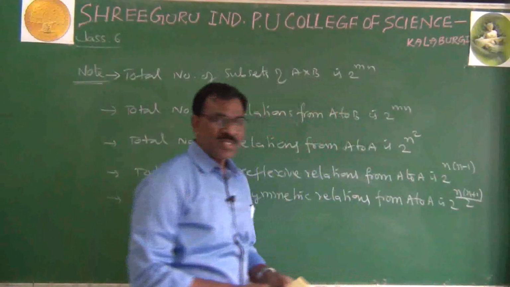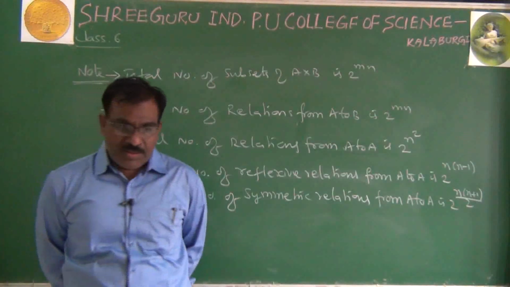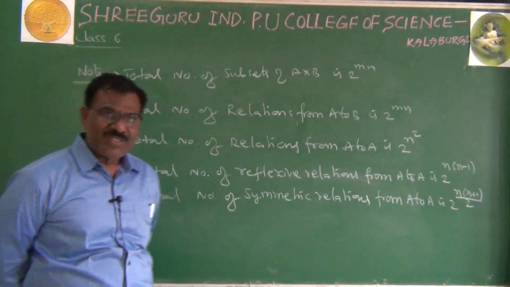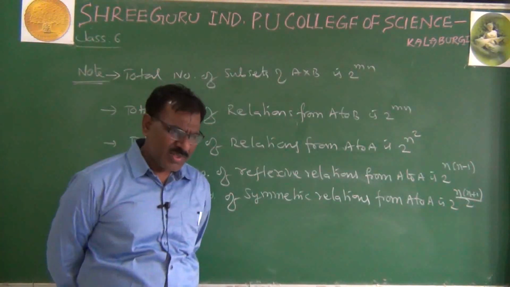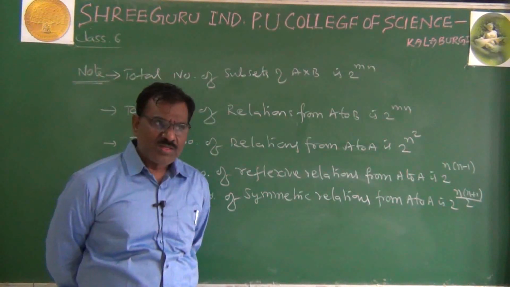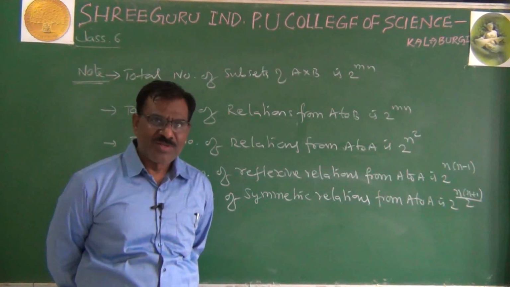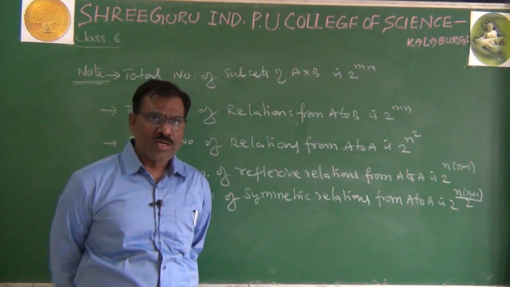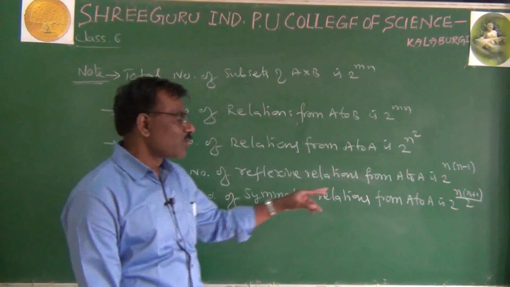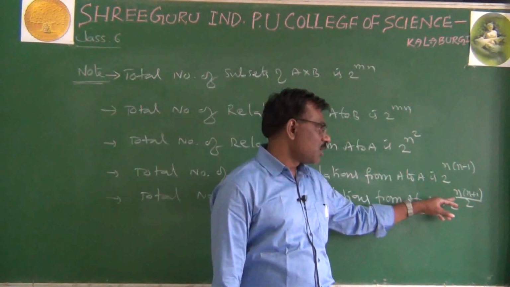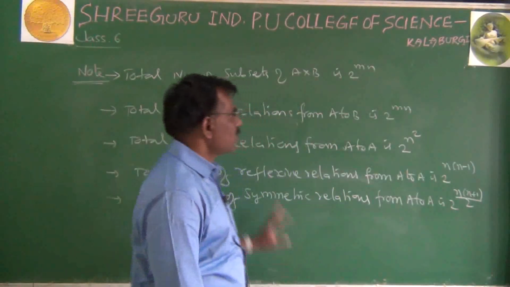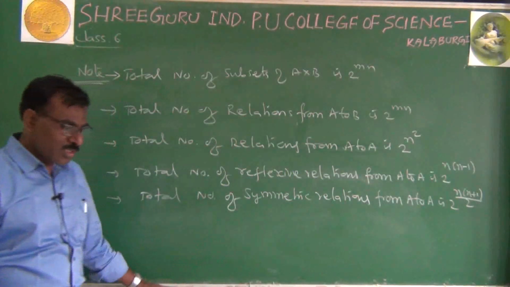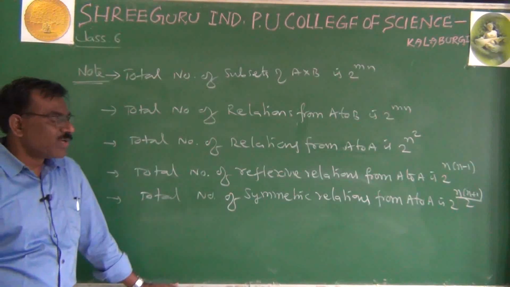This is also there. You don't ask how it comes, but the formula is there, and the derivation is not necessary. In CET you want the answer within 1 minute. So 2 to the power n into n minus 1, and 2 to the power n into n plus 1 by 2. These are most important questions. Sometimes they ask them as one mark questions.